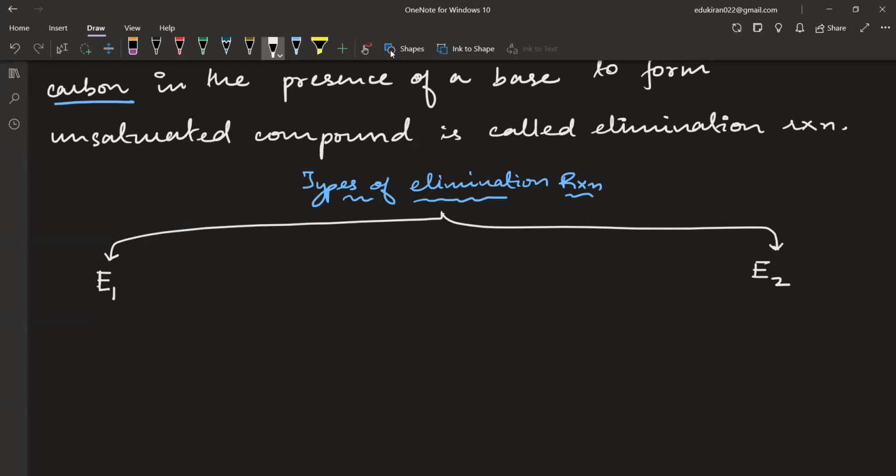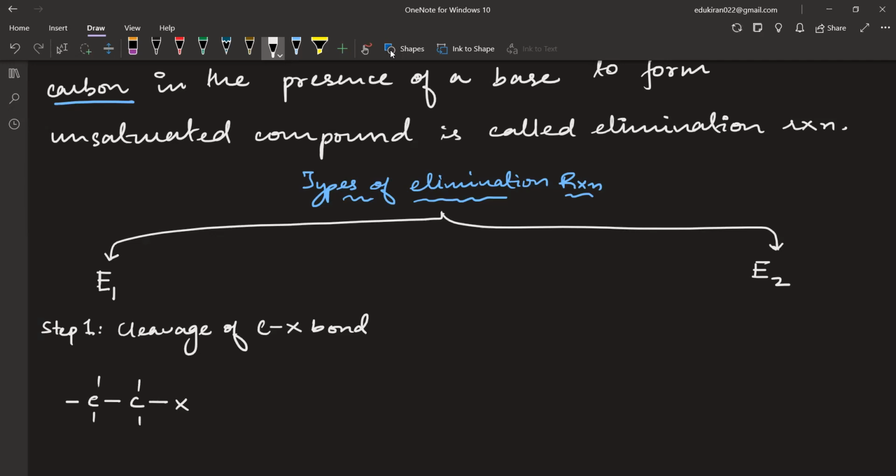So here what happens? Step one. The first step is the cleavage of the C-X bond. That means the C-X bond will first break. So you have something like this: carbon, carbon, there are some bonds.